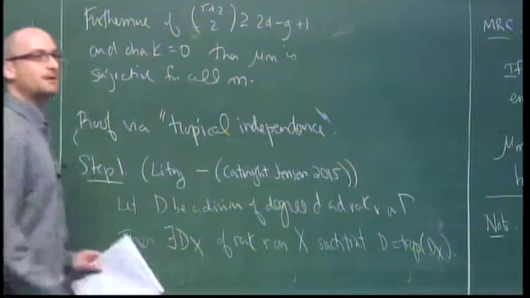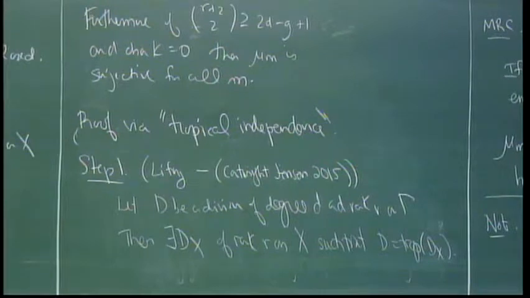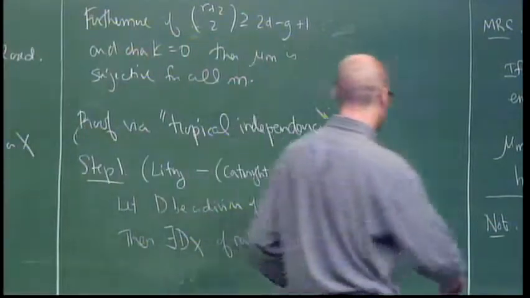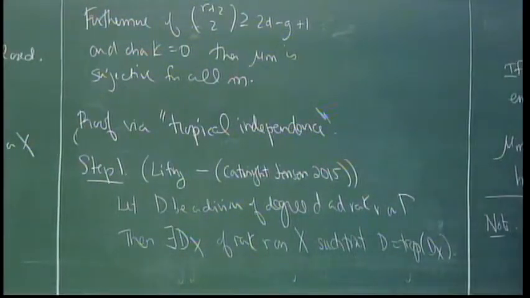So in other words, the tropicalization map from WRD of x to WRD of gamma is surjective. And, well, okay, so in order to say that on the metric graph side, I should say that my valued field is maybe spherically complete and the valuation surjects onto the real numbers. But okay, otherwise, we have to say something about D being rational over the value group. But the D that I'm going to choose is going to be rational over the value group for whatever choice you want to make.